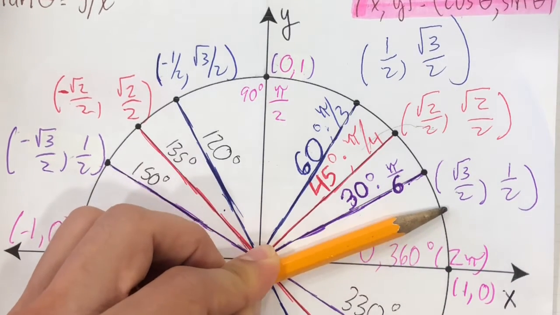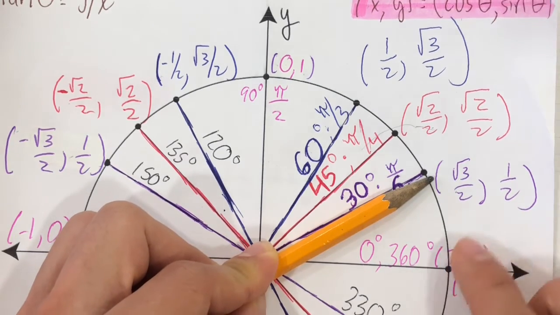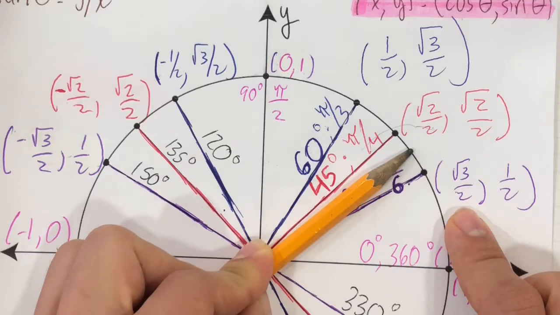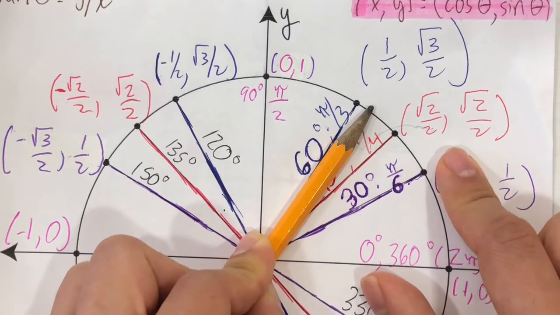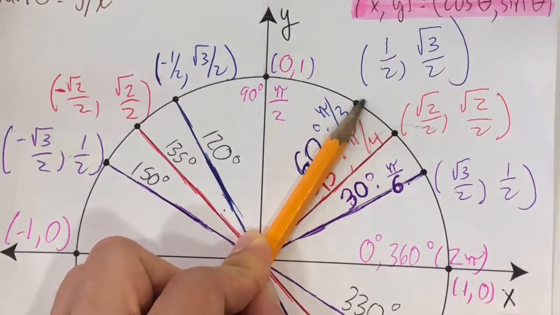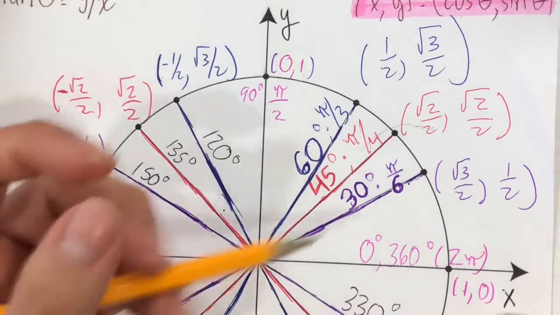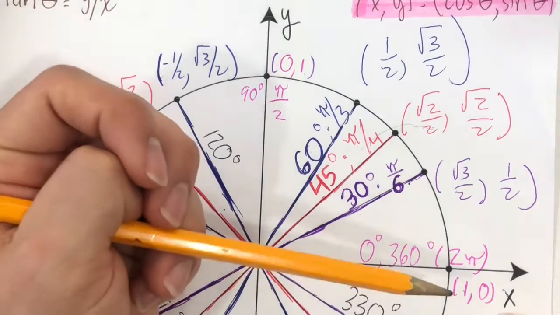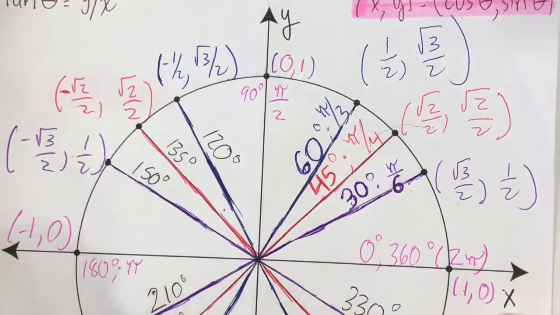All right, so I'm going to move in a counterclockwise direction. Cosine of 30 degrees is root 3 over 2. Cosine of 45 degrees is root 2 over 2. Cosine of 60 degrees is 1/2. And cosine of 90 degrees is 0. So for the output values for cosine, we see that we're going from 1 to 0.